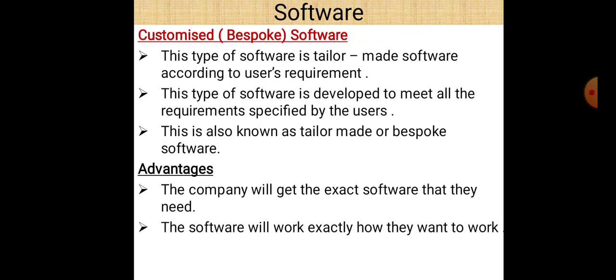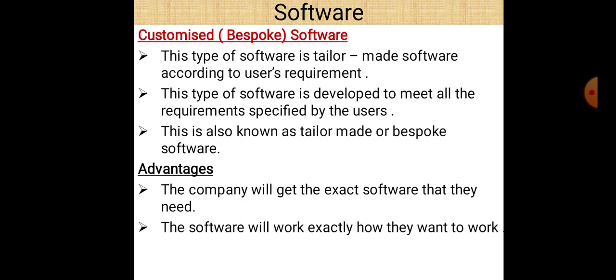Next is customized or bespoke software. These are called customized or bespoke, or sometimes tailor-made software, because they are strictly according to the user's need. That's why they are called customized or bespoke software. What is the exact user's need? First of all we find that out, and after that we make that customized software.